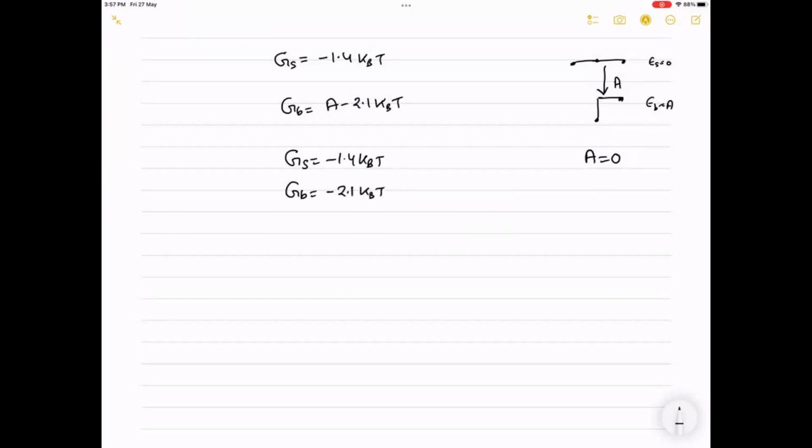What this tells you is that if no energy is required to go from the straight configuration to the bent configuration, or if a system can go spontaneously from straight to bent, then the system will always be found in the bent configuration, right? Why? What is the reason for that?